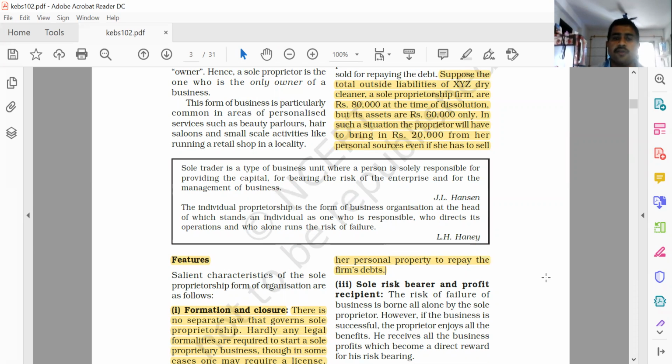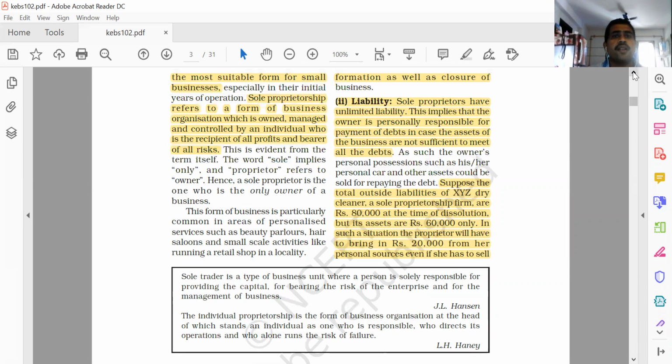Clearly there is no separate law required that governs the sole proprietorship. Hardly any legal formalities are there to start a sole proprietorship firm, right? Number two is the point related to liability.